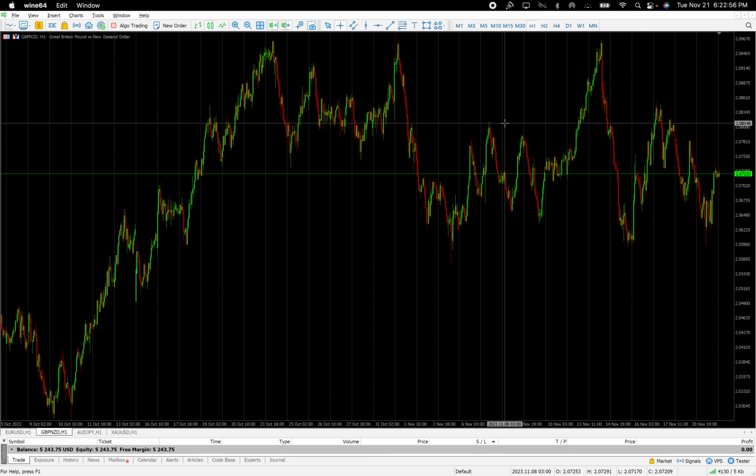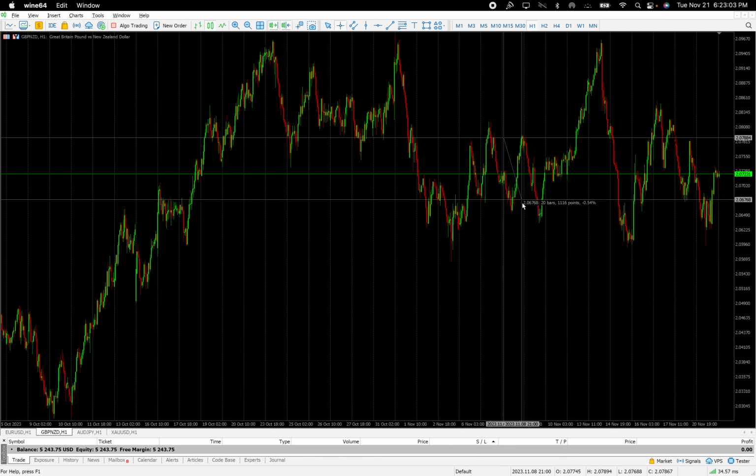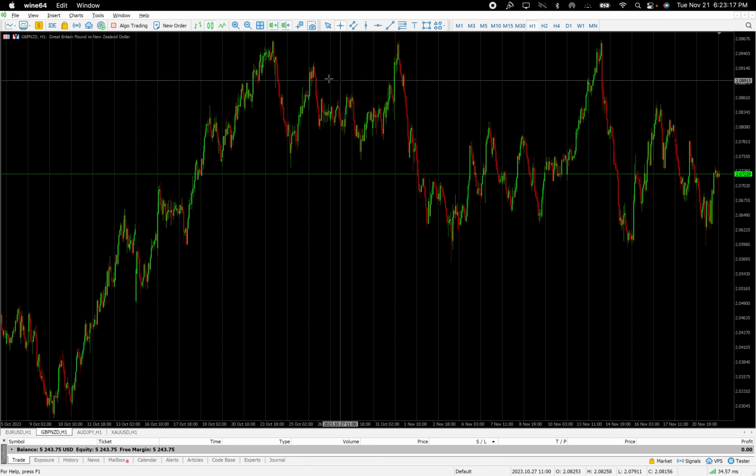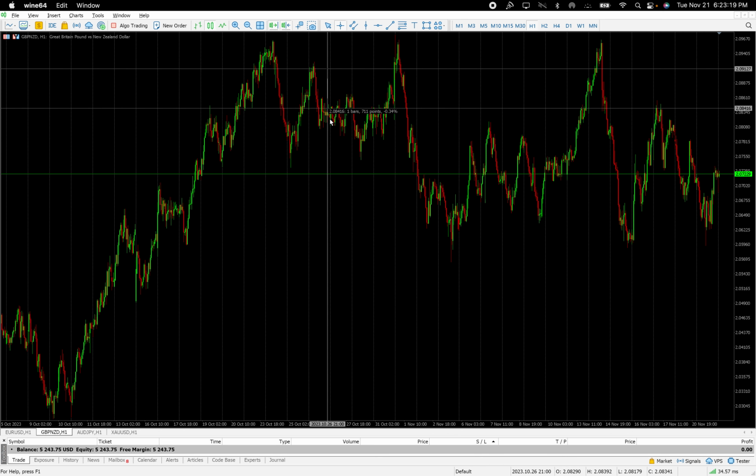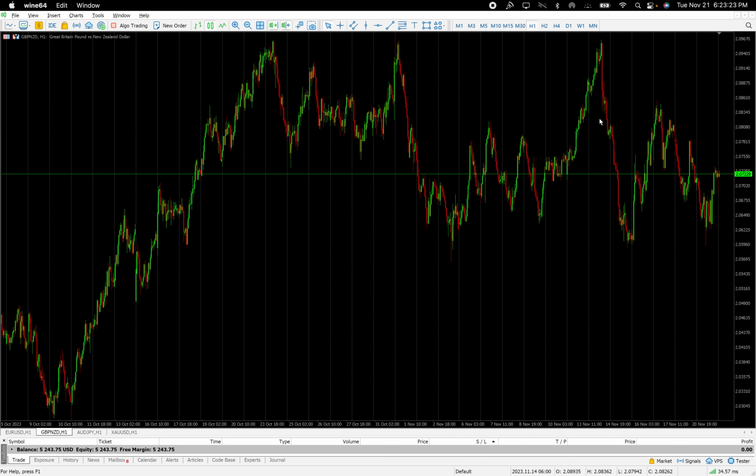Right here, this move, if you got the tippy top, which obviously you wouldn't be expecting, but if you got the very bottom, that'd be 1,200 pips. But the point is, you can get 1,000 points on these moves. You can get 100 pips a day, if you catch them. I'm just saying the moves are crazy.